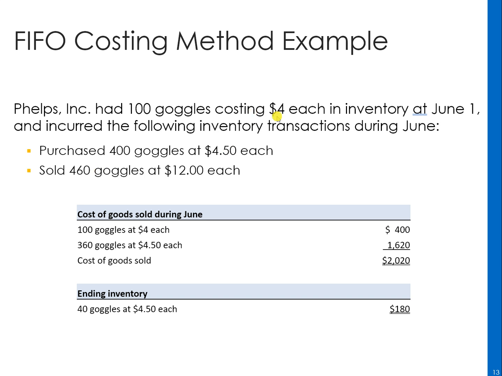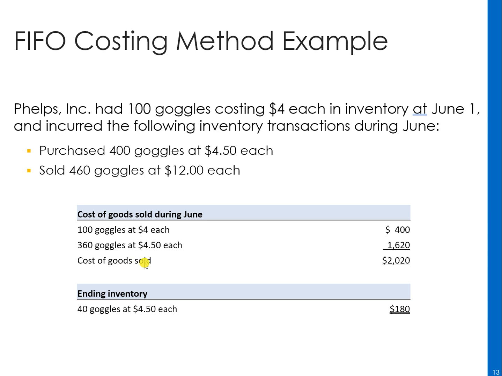Under FIFO, we assign $4 first because these are old costs. Old cost must be assigned to cost of goods sold first. So 100 units at $4 will be assigned, but that's not enough. We need another 360 units at $4.50. This is how we arrived at $2,020 cost of goods sold under FIFO.